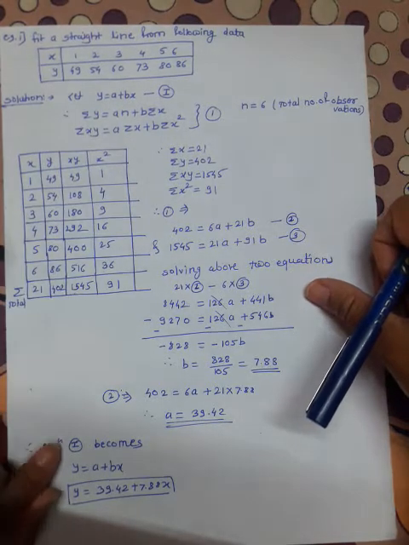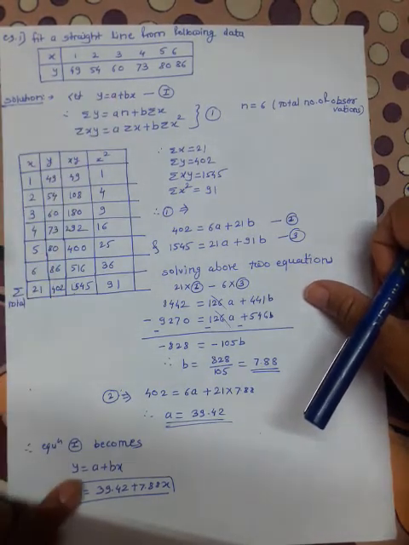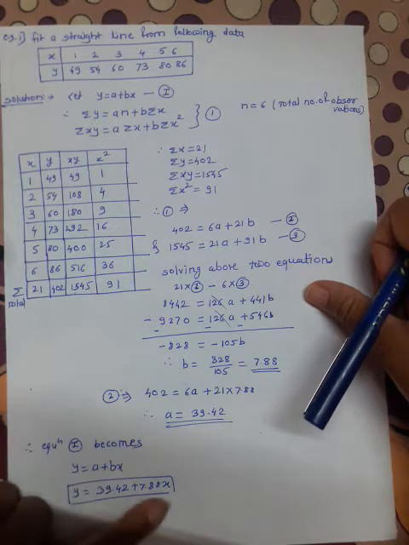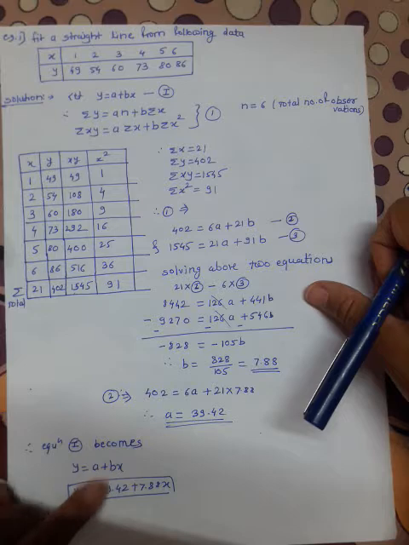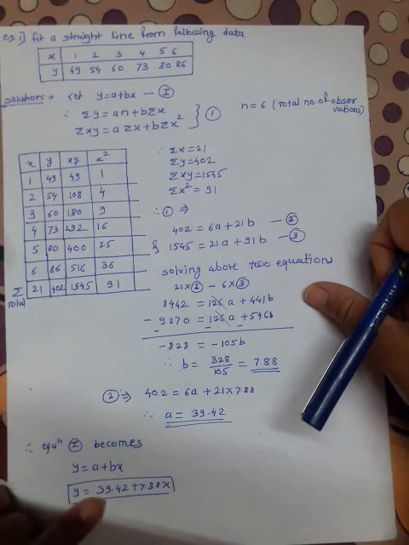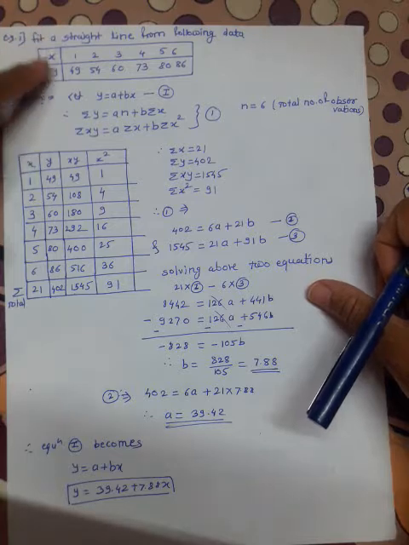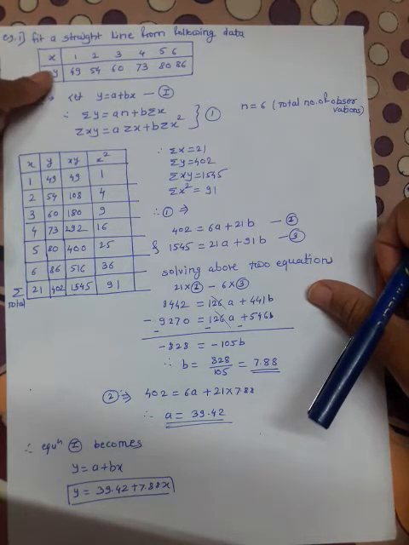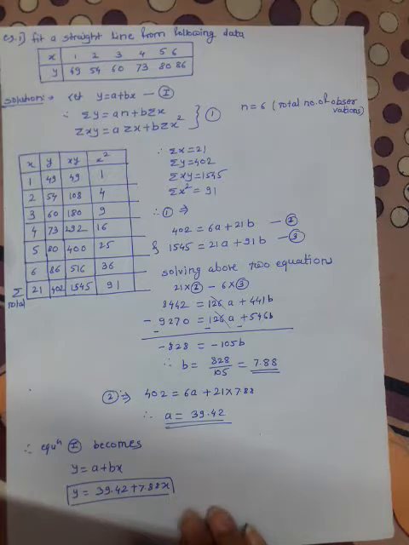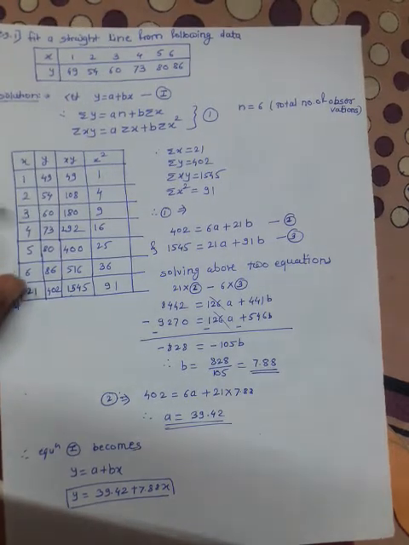Therefore y is equal to a plus bx, the variables remain the same, we just substitute the a and b values here. Okay, this is called the fitting of a straight line using pairs of observations. Okay, this is a very easy example.